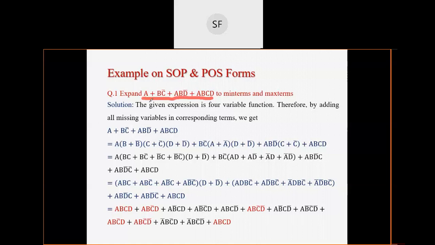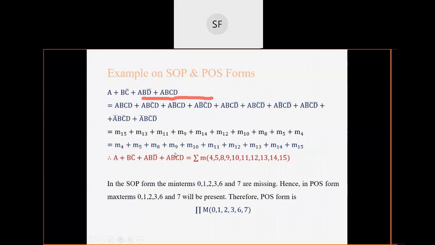Okay, in this case this expression was in sum of product, so hence we find min terms first. This is the same example which at the start I asked whether someone had solved or not. Okay, so we'll move to the next slide.